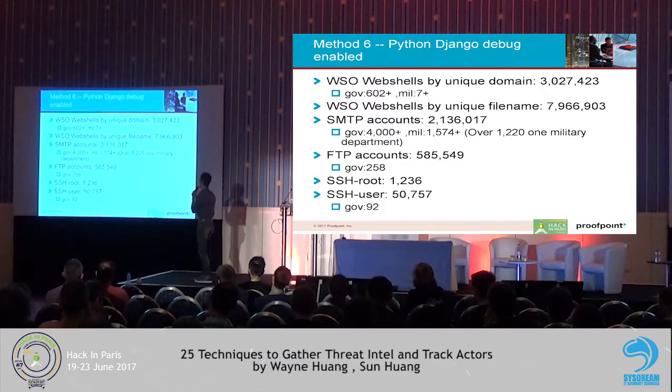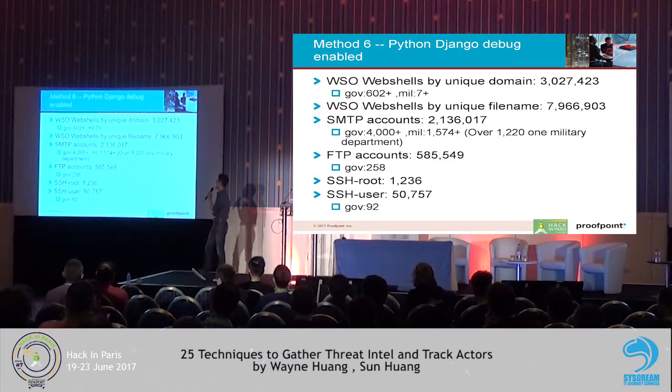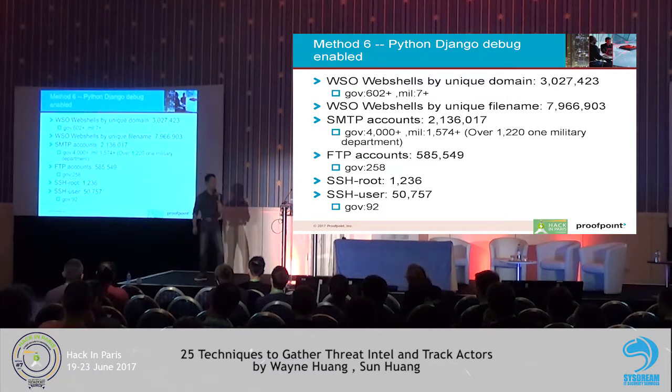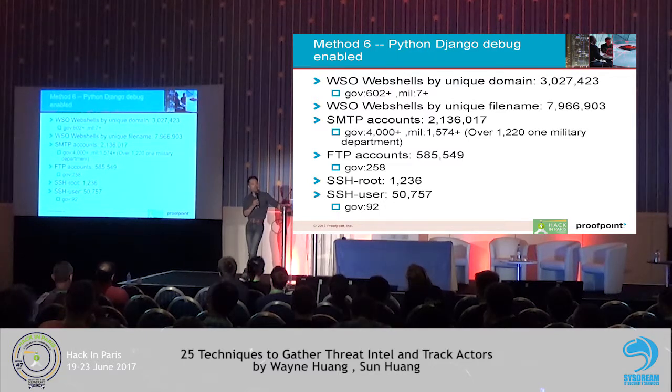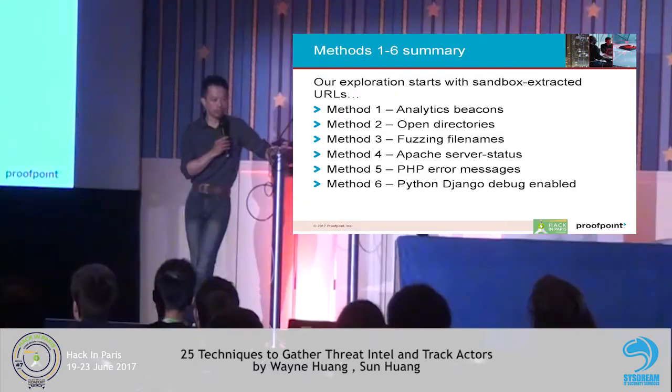So 3 million unique by domain, and almost 8 million by unique file name. They also bought SMTP accounts, more than 2 million, 500,000 FTP accounts, and so on. So at that time, that's how we did our research: dump out their debug information, reverse out their API, and dump all their numbers out.